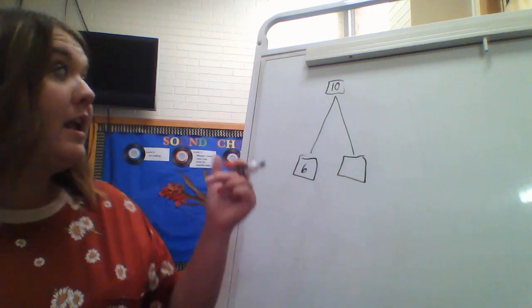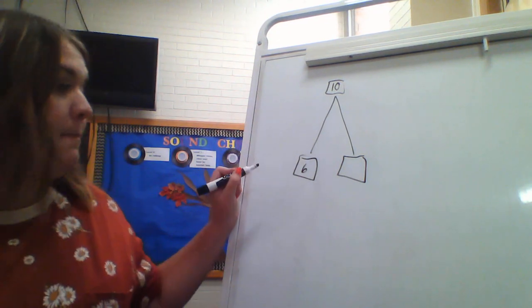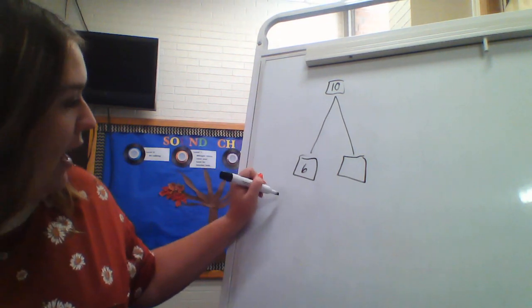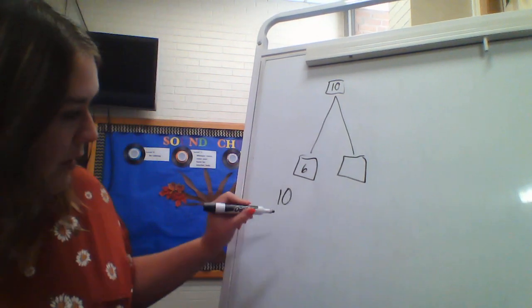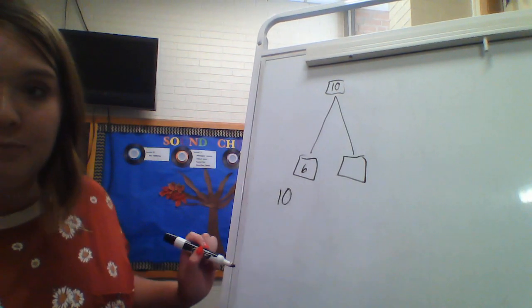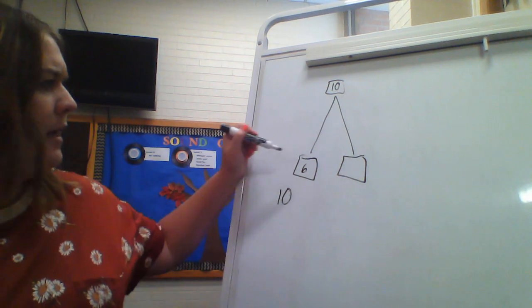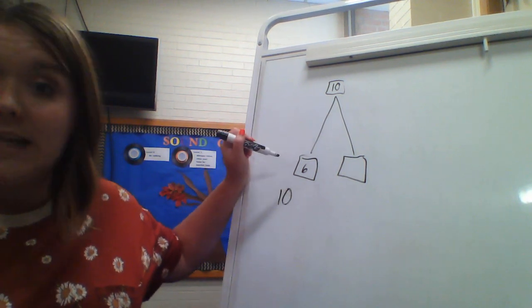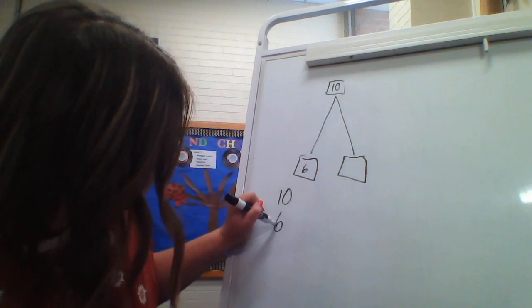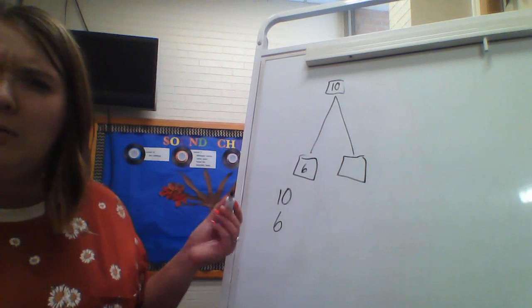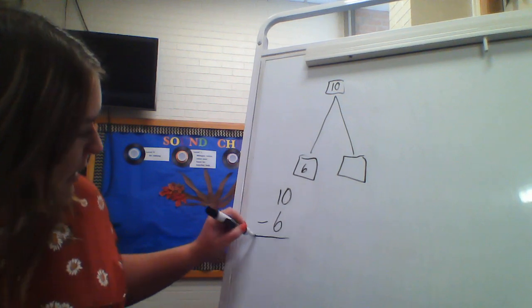Okay, they gave us our total. So we know that he made 10. So that first blank should be 10. Devi made 10 bookmarks to sell at the fair last weekend. He sold, how many did he sell? What's one of our parts? 6. He sold 6 on Saturday. How many were left? 10 minus 6.